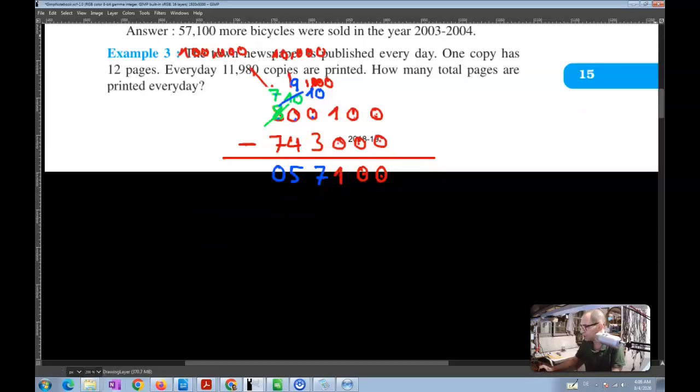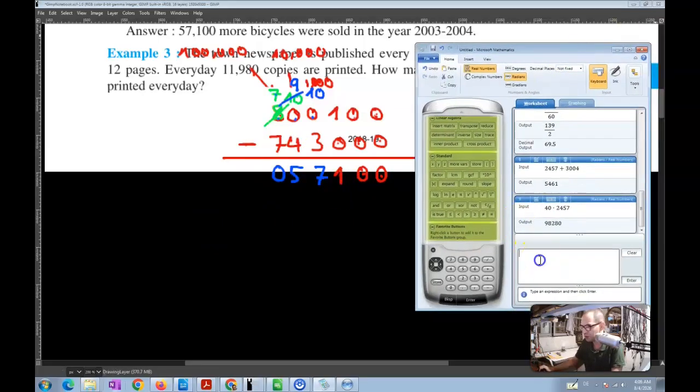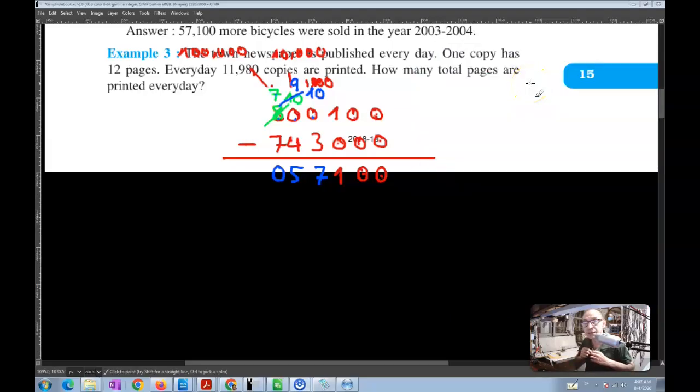Let me check the answer over here to make sure that I didn't make any mistakes. So we had 800,100 minus 743,000, and that's 57,100. As you can see, the answer is correct.